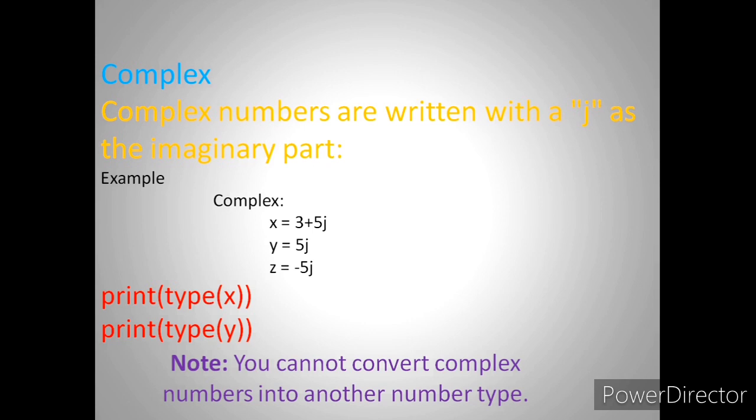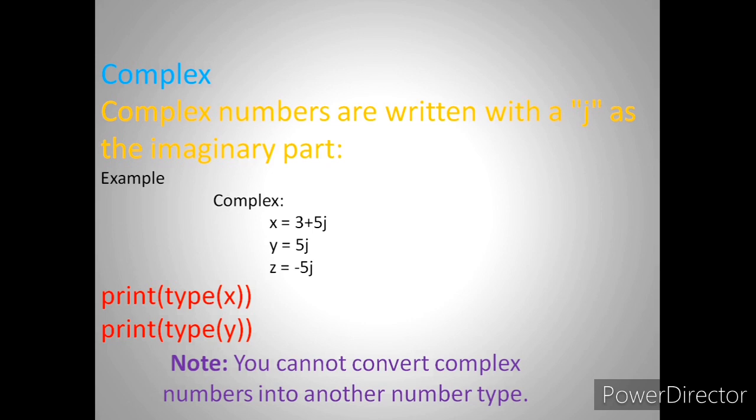The important thing over here is that it should be written with a j character. If you are saying y is equal to 5j, then that also means it is a complex number. If z is equal to 5j, then again you are having a complex number.